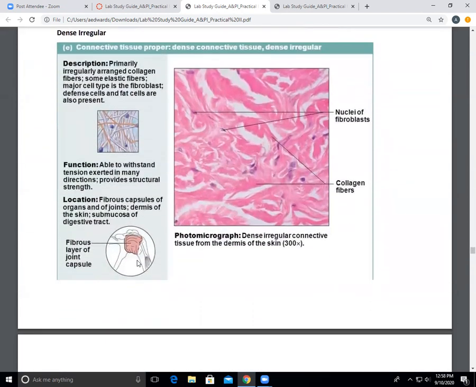And you should be able to tell this is much less of a regular pattern, correct? Doesn't look as wavy, right? Can you all look at the picture? Does this look as wavy as the previous one? It's less regular, so it's dense irregular. Still dense, still packed together, but irregular in shape.